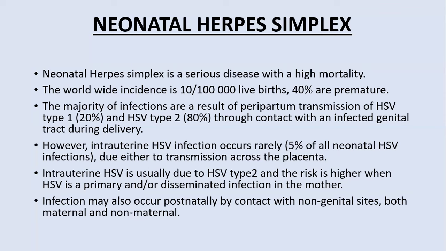The majority of infections are the result of peripartum transmission of herpes simplex virus type 1 (20%) and type 2 (80%) through contact with the infected genital tract during delivery. So, if the mother is suffering from herpes simplex genitalis, it is likely to transfer this disease to the neonate at the time of labor.